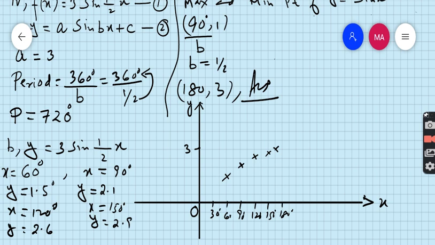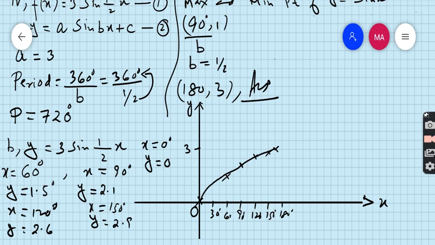And if you take one more value, that is x is equals to 0 degree, definitely it will give you 0. So this is the first point. Join all the points to achieve a graph. So this is our final graph, y is equals to 3 sine 1 upon 2x from 0 to 180 degree.